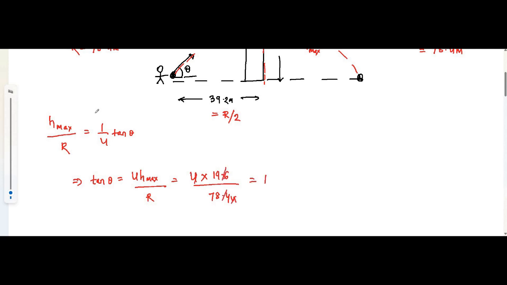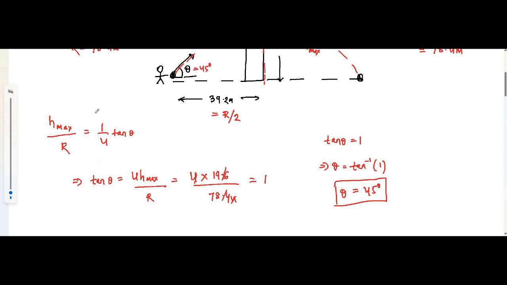So tan theta is equal to 1. That implies theta will be equal to tan inverse of 1, which is equal to 45 degrees. So the angle of projection is equal to 45 degrees. This we have calculated.